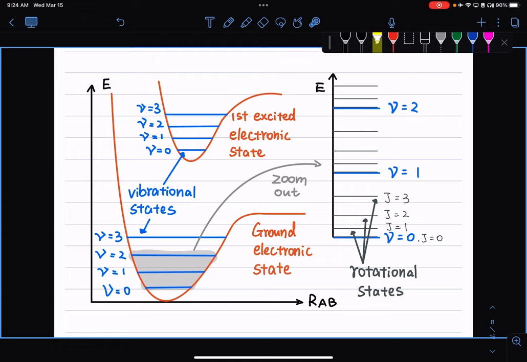So if you think about it, here we're zooming out this highlighted gray part to the rotational state. So they will naturally come from the ground electronic state. But if I highlight this part, then that's going to come from the first excited electronic state.